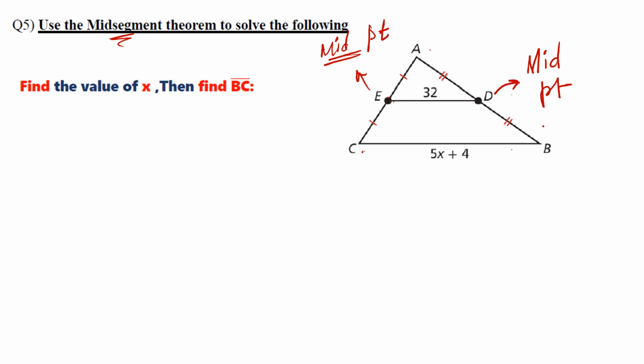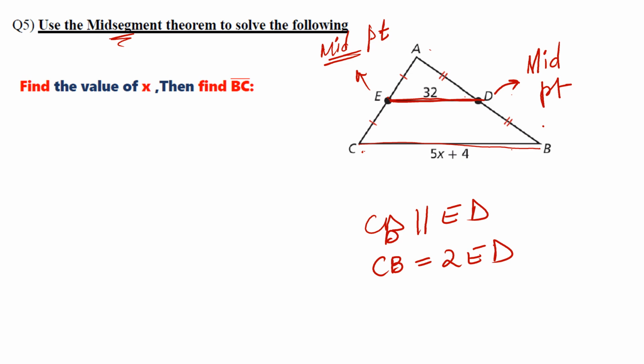So join E and D. ED is parallel to what? CB. So CB is parallel to ED. Now which one is bigger? CB. CB is 2 times ED. So the relationship is established. What is CB?